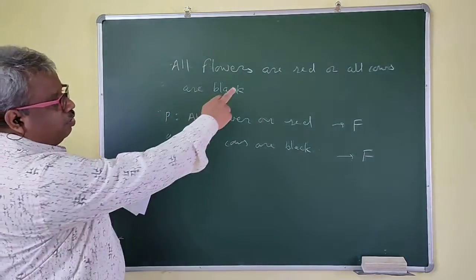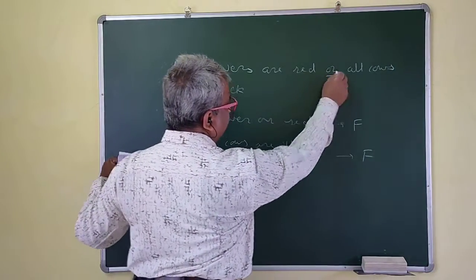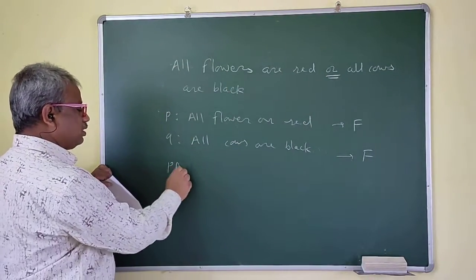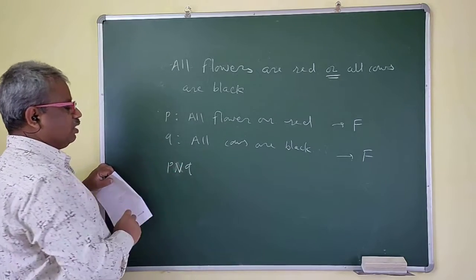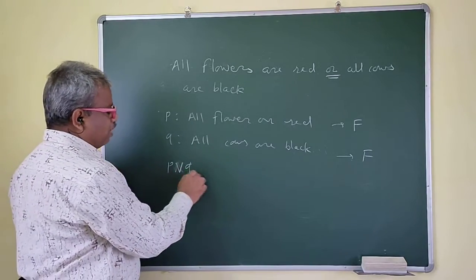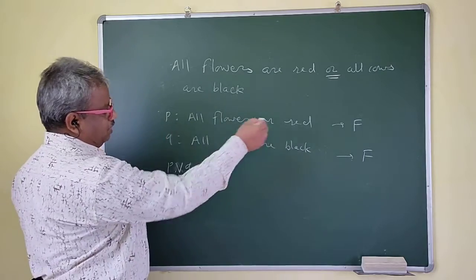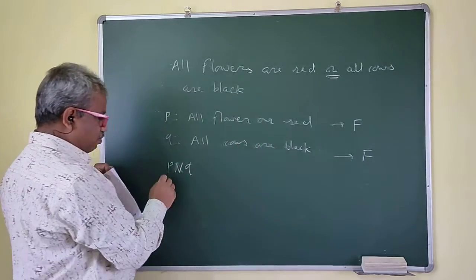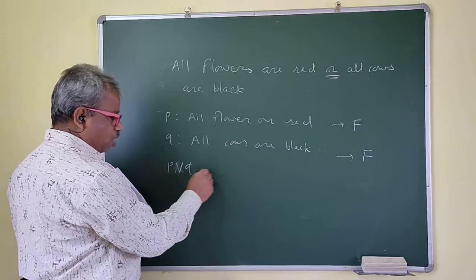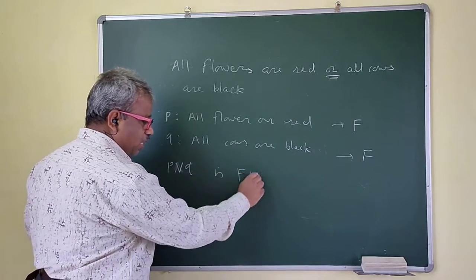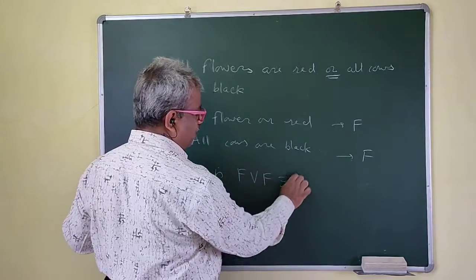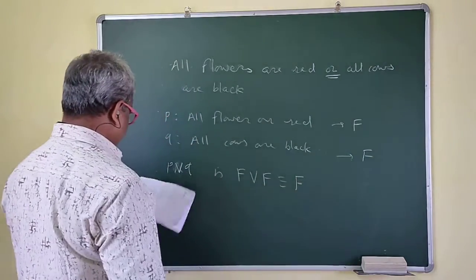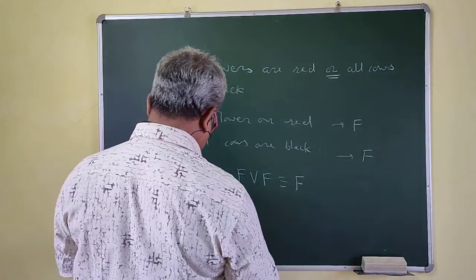Now what is your symbolic representation? P or Q is your symbolic representation. The truth value of P is F, the truth value of Q is also F. Therefore, the truth value of P or Q is F or F. And F or F is F.